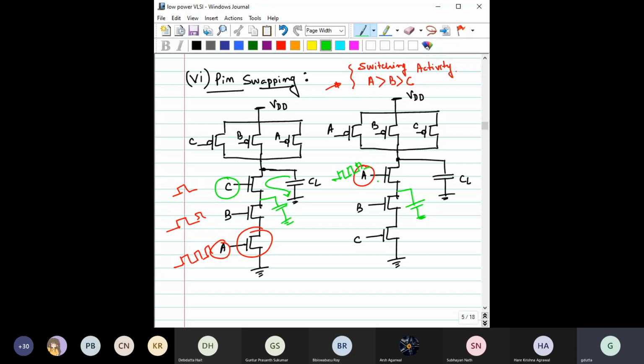It will keep on changing. As a result, if this node is already charged to VDD, there will be a tendency for it to get discharged, and some power dissipation. So if you know that some input is very active, then try to keep these nodes as far as possible from the output capacitor, meaning from the output node.